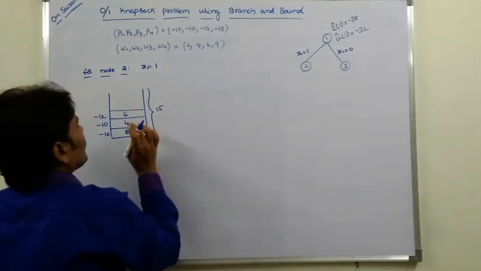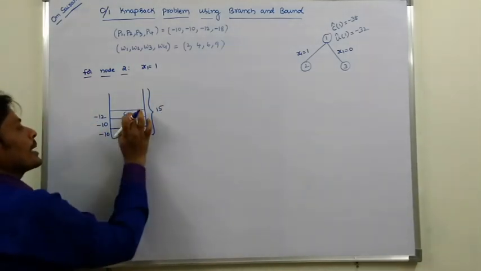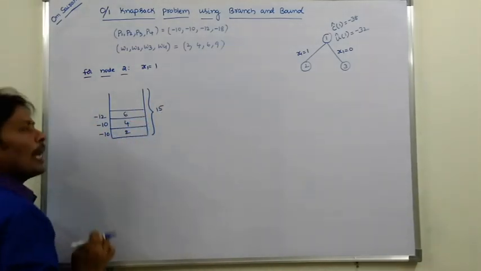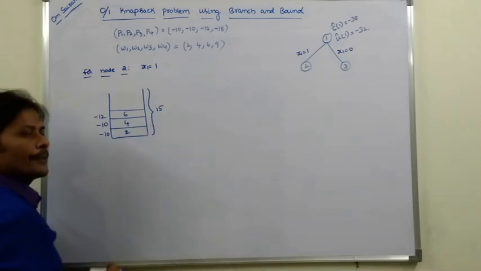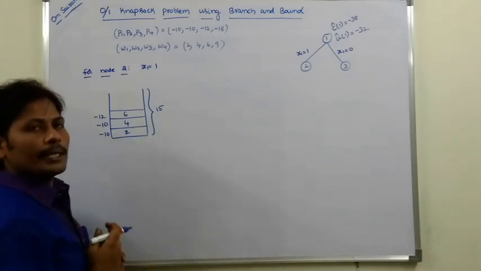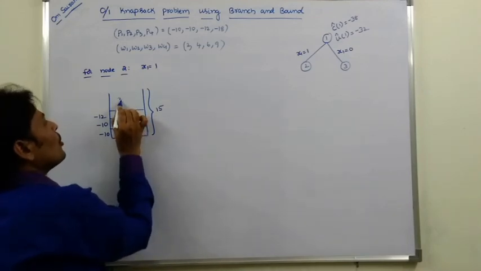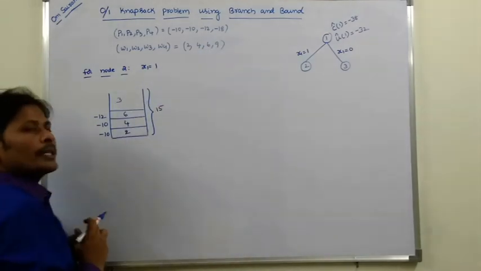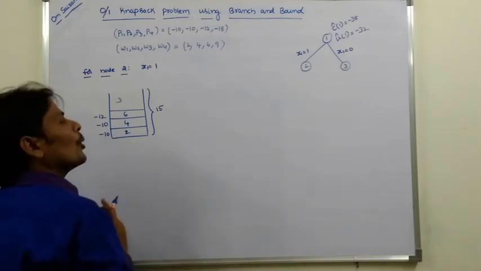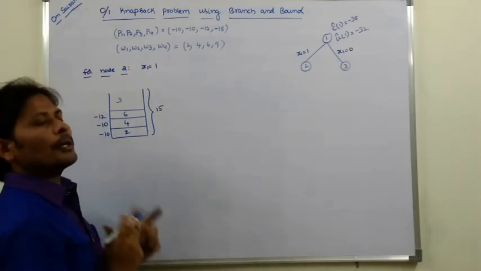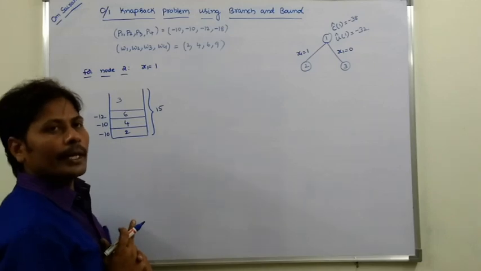Now, what is the remaining capacity? 6 plus 4 plus 2, that is 12. Capacity of the knapsack is 15. 15 minus 12, that is, remaining capacity is 3. Now there is no possibility of placing a complete object into the knapsack. So we have to place a fraction of the fourth object into the knapsack.